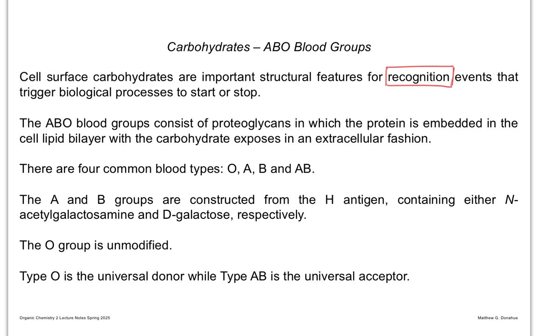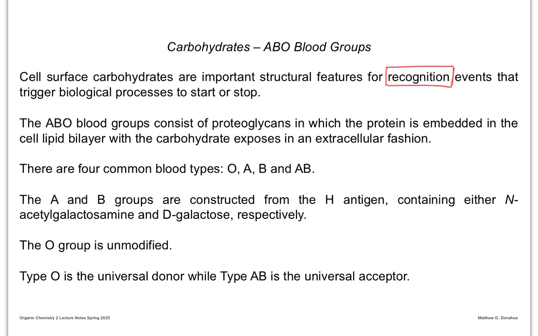So the cell lipid bilayer has a polar sort of head group and then a fatty acid side chain. And then that's sort of the external part. Then the internal part is the fatty acid, then the polar head group. So that's the lipid bilayer. Then off the head group are these carbohydrates pointing outside the cell.